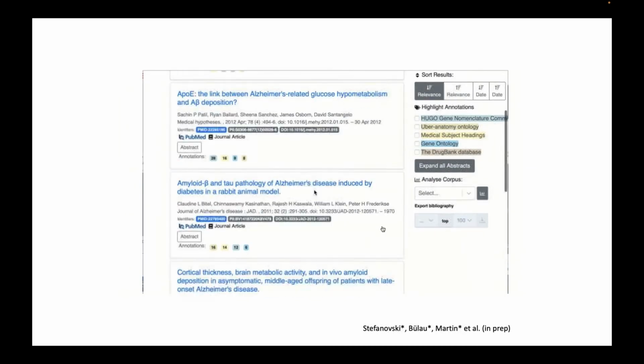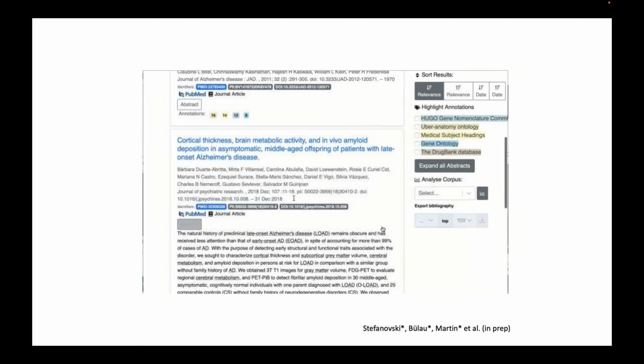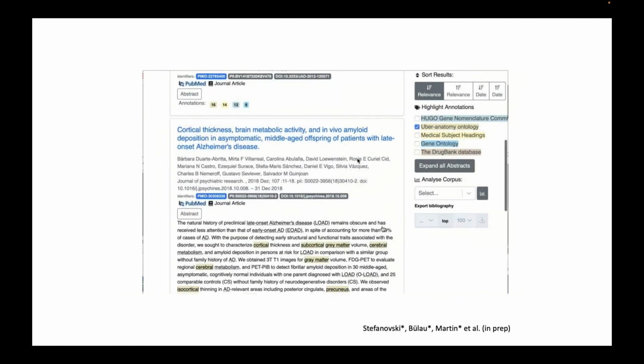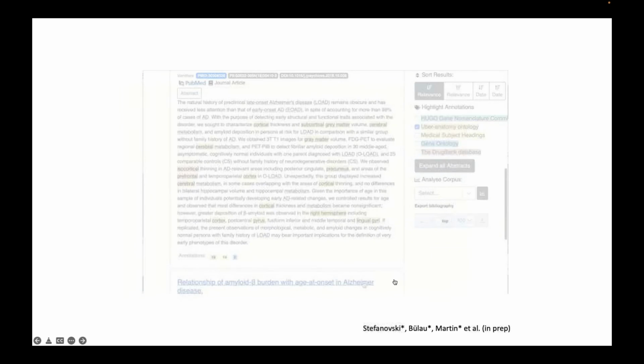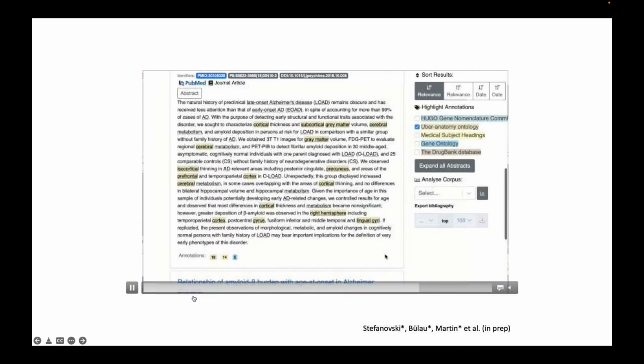But these papers have undergone text mining. So the words inside of the papers and the abstracts are marked. For example, in this case, you see the anatomical terms that are part of the Uberon ontology. So for example, cortex, gray matter, precuneus, gyrus, right hemisphere, these are all anatomical terms, and the text mining had marked them as an anatomical term of the Uberon ontology.